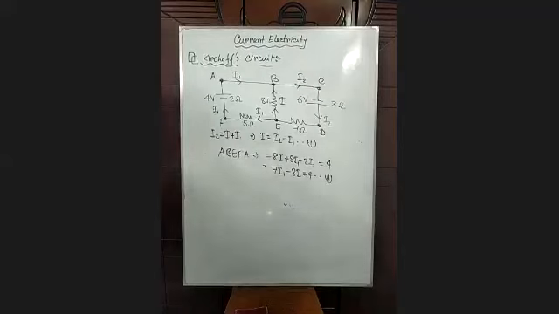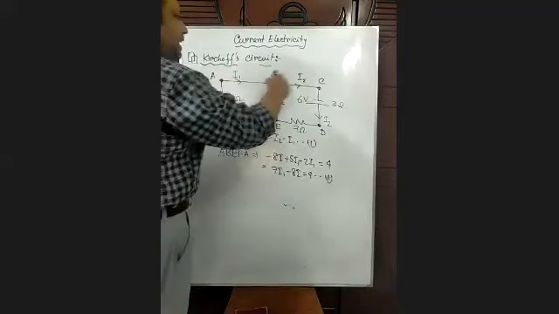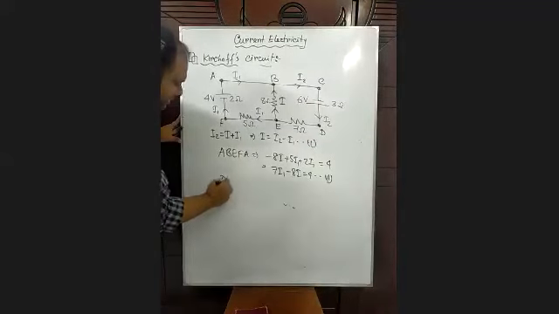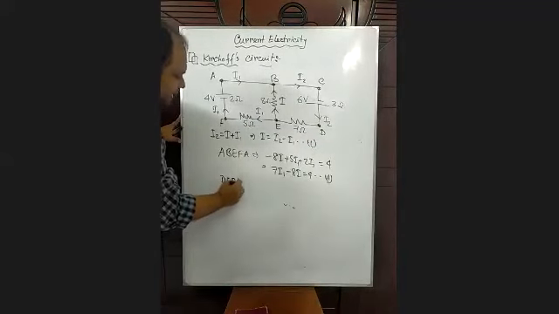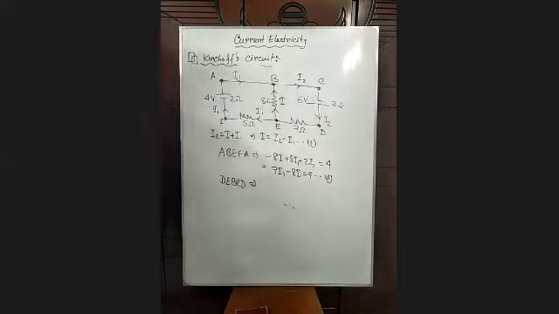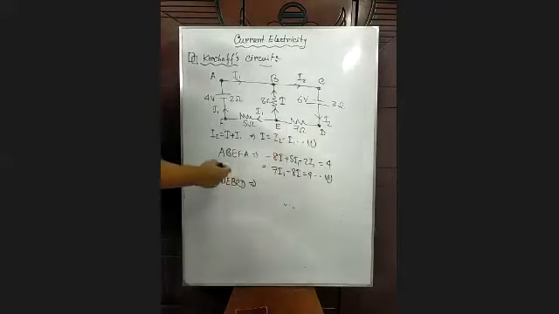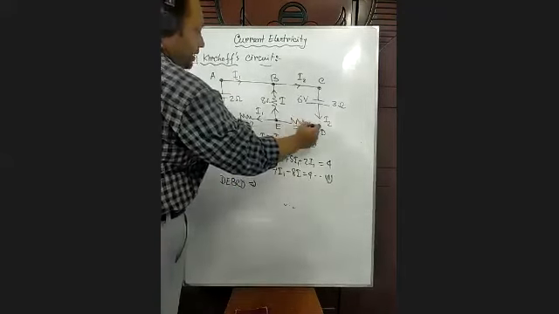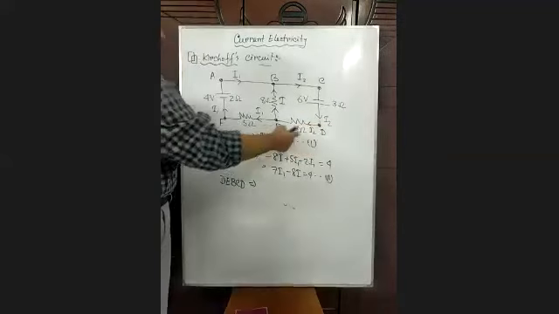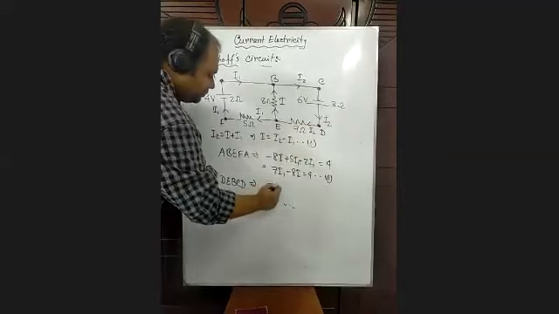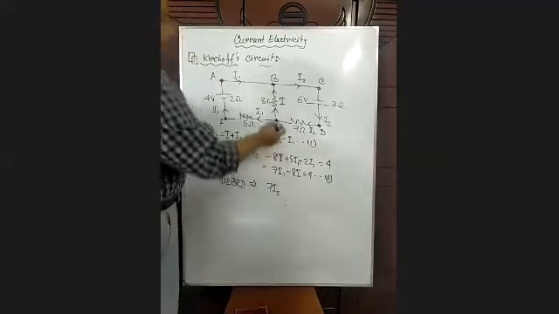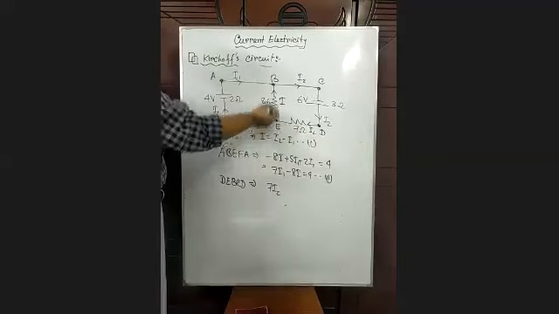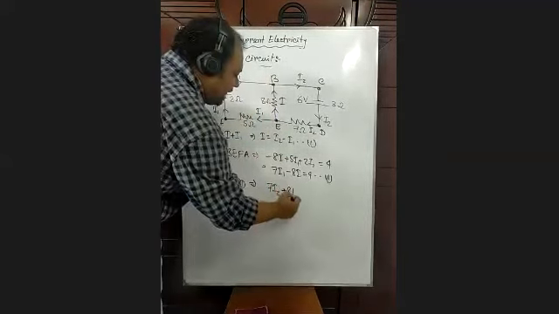Now you can go for another path: D, E, B, C, D. You start from here. You are going along this path, and I2 current also goes along it, so 7I2. Then the EB path: current also goes along EB, so it's 8I.